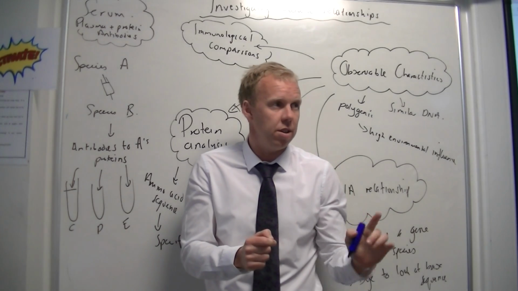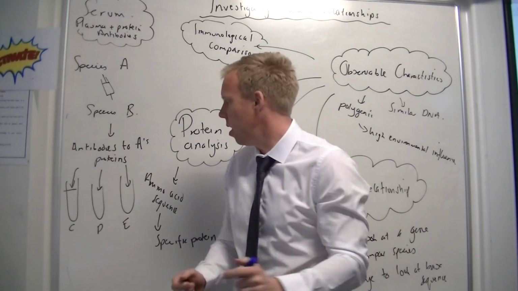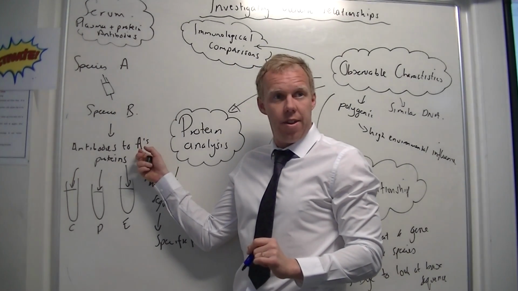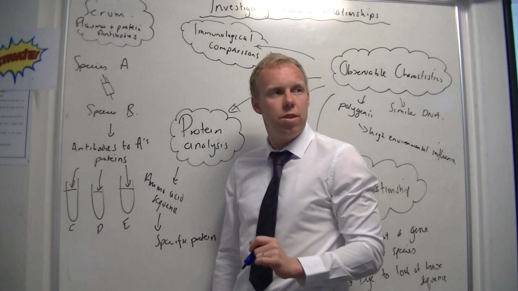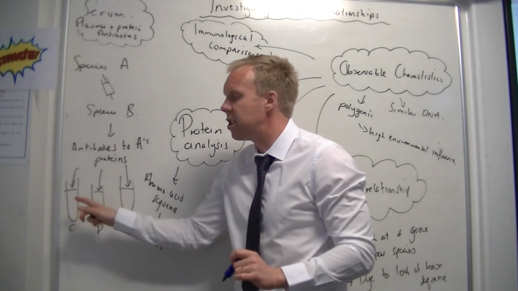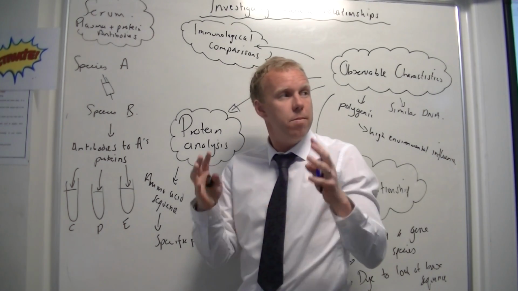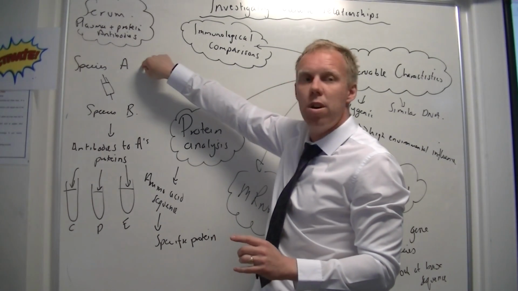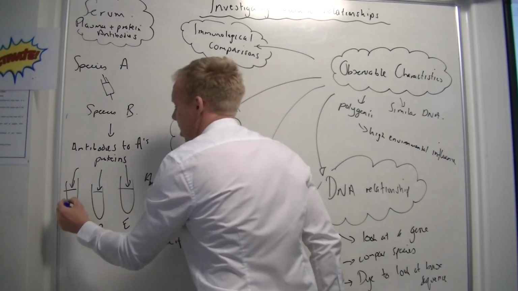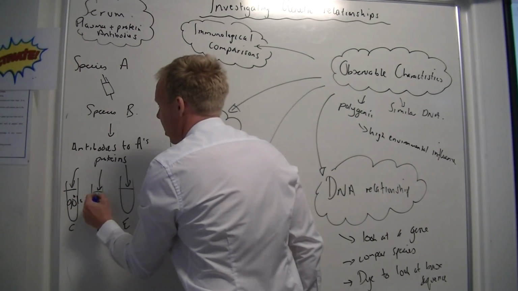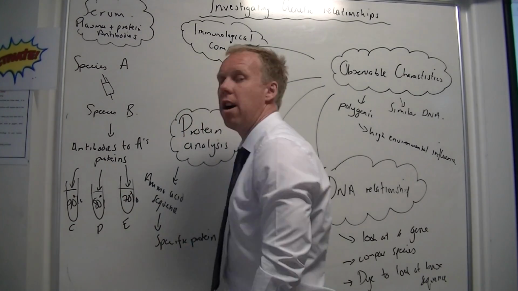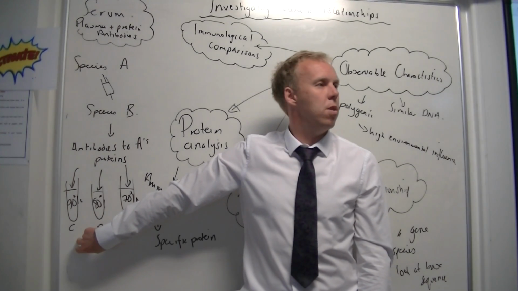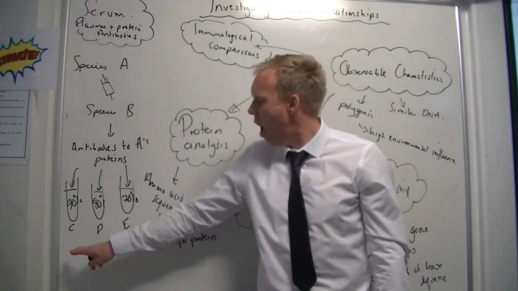Now, I'm going to have to do some more detail because you're looking confused. Alright? But if I then put the antibodies to A into these three new samples, the species that gives us the most precipitate, the most agglutination, must have the closest set of proteins to species A. So if I say this is 90% precipitate, 80% and 70%, I hope you would then say to me, sir, C must be the most closely related organism to species A of the three I'm looking at.